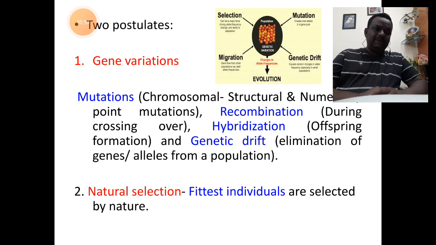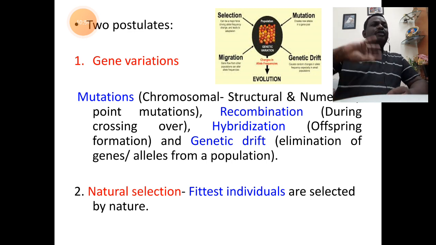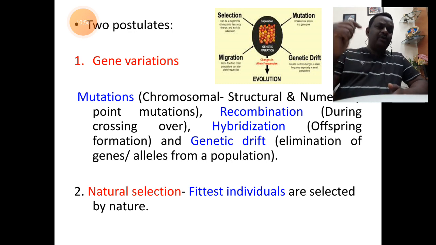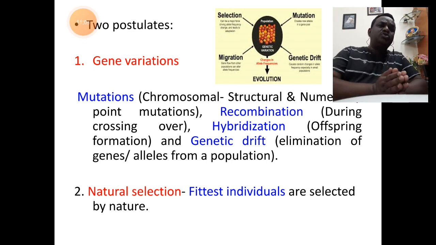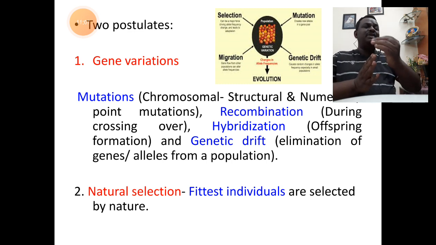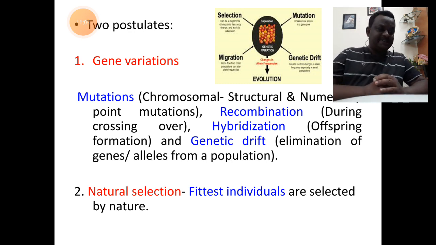So, the concept of Neo-Darwinism is related to these two important postulates: one is genetic variation, number two is natural selection. These two have to act together and help in the formation of new species.